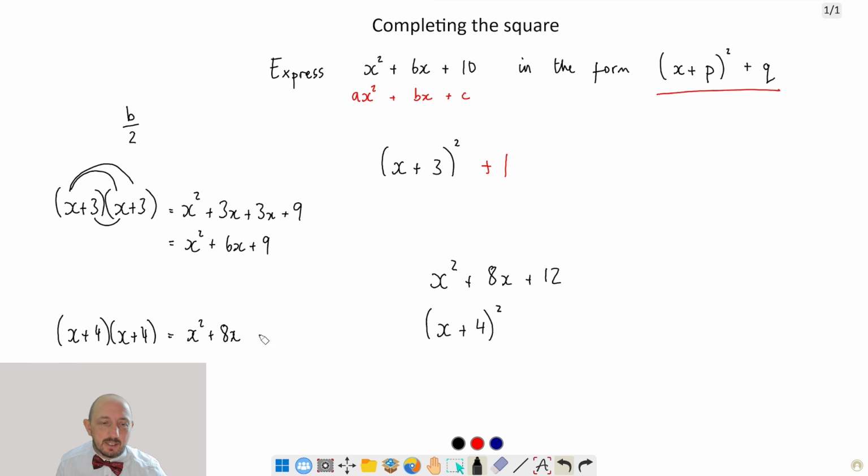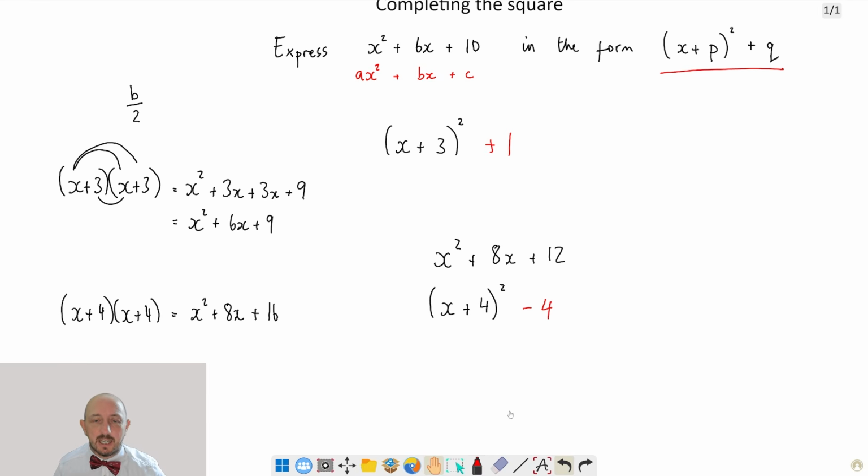The last term is going to be 4 times 4, which is 16. So this double brackets would give us x squared plus 8x plus 16, and we only want 12. So we have to subtract 4 in order to balance that. The 16 take away 4 gives me the 12.